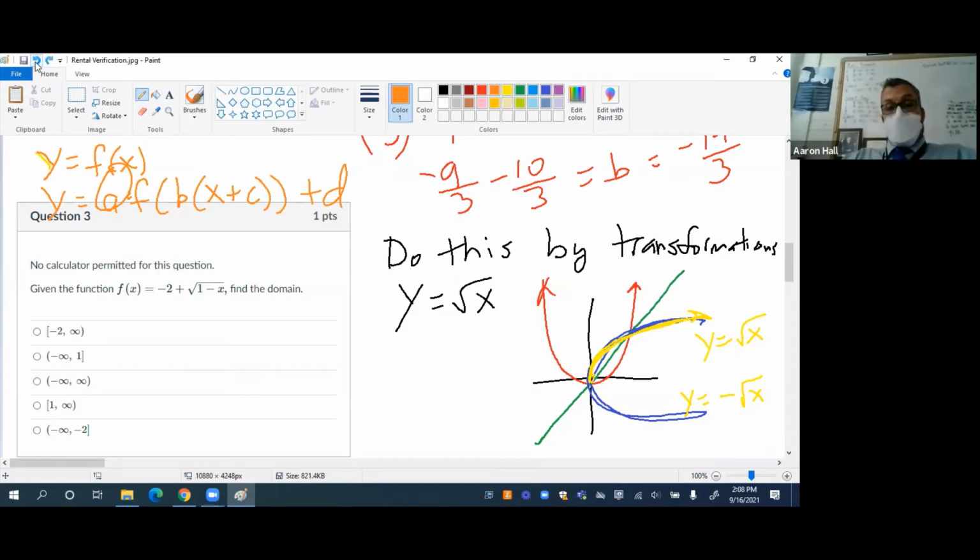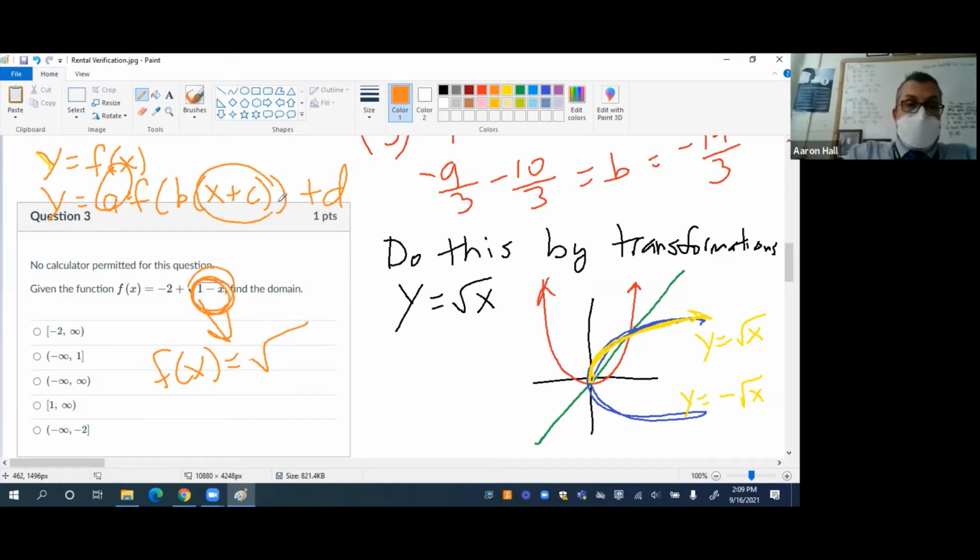What's a? It's 1. In fact, I can rewrite this in this form to be f of x equals what? The square root of, now I don't like how this is written inside of here. It should be written like this. So how do I change that? How do I get the inside to look more like this? Eleanor, do you know?